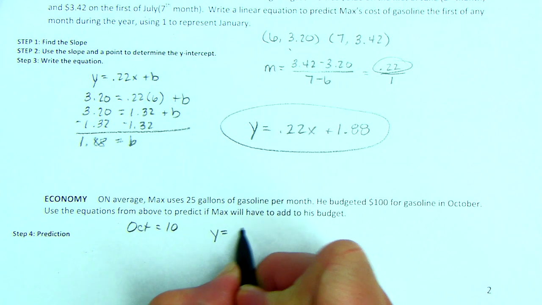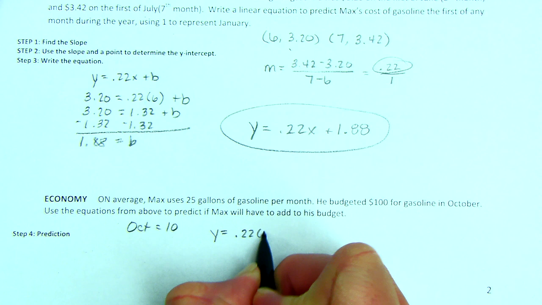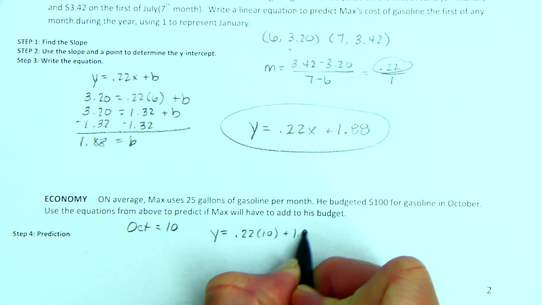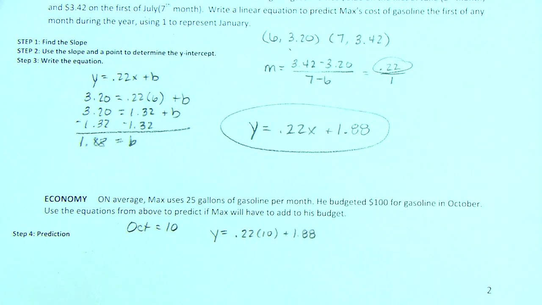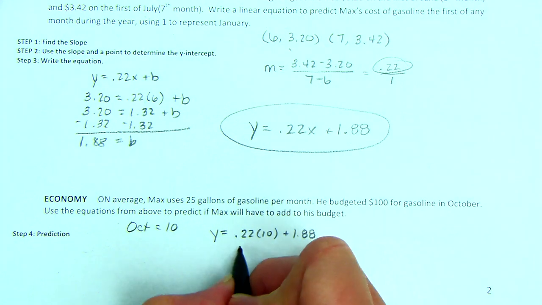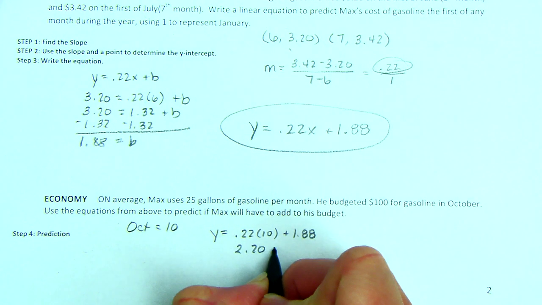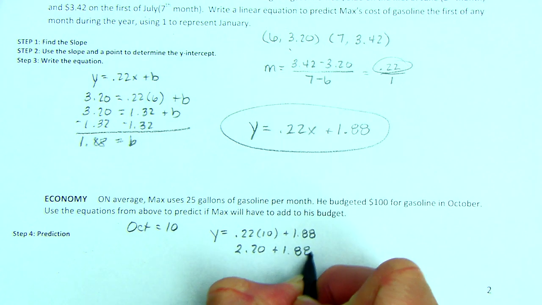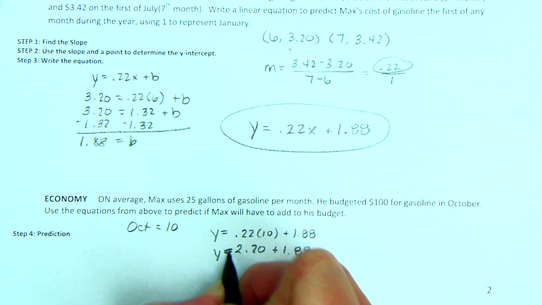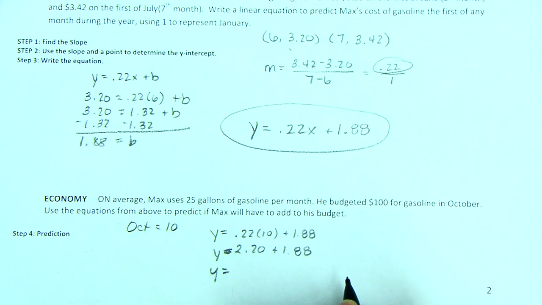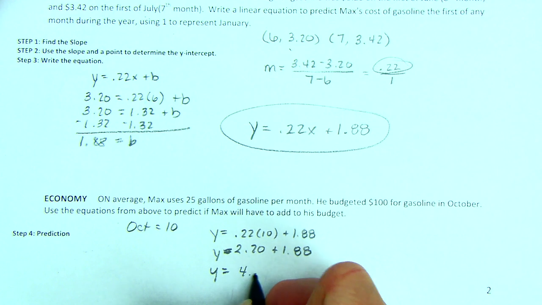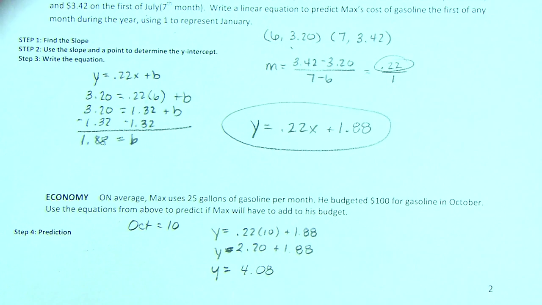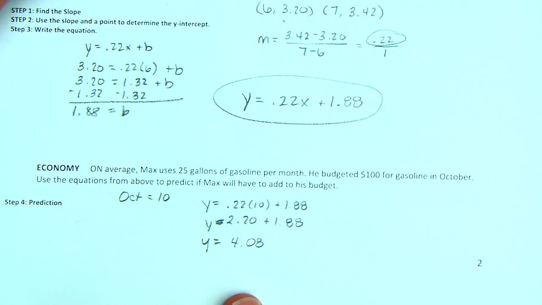So the cost for a gallon of gasoline in October, using our equation, is going to be $2.20 plus $1.88. So add them together. $4.08. Whew, that's super high, but it happens using this equation.